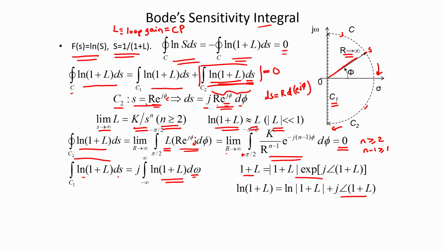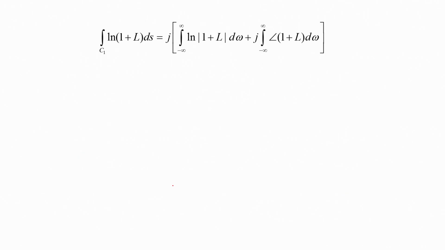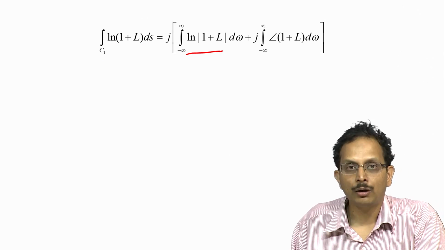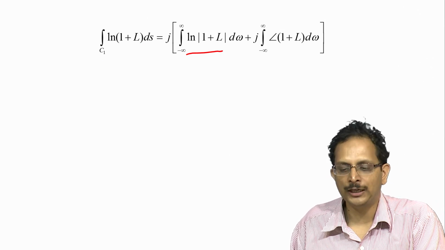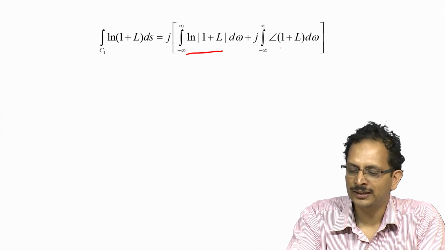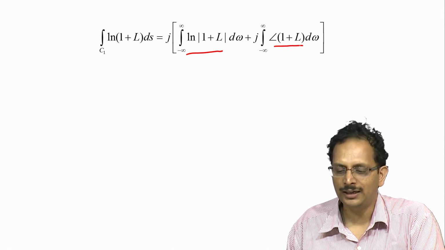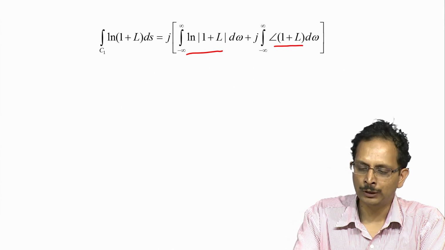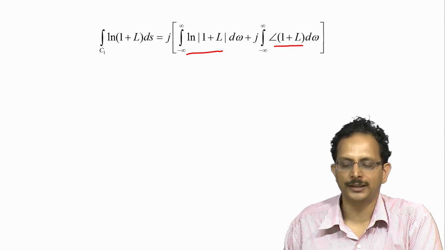So, with this expression we plug it into the integral that we have here and we obtain that the integral of ln of 1 plus L ds over the contour C1 is equal to j times the integral from minus infinity to infinity of ln of magnitude of 1 plus L d omega plus j times the integral from minus infinity to infinity of the angle of 1 plus L d omega. So, it would be the sum of these two integrals.